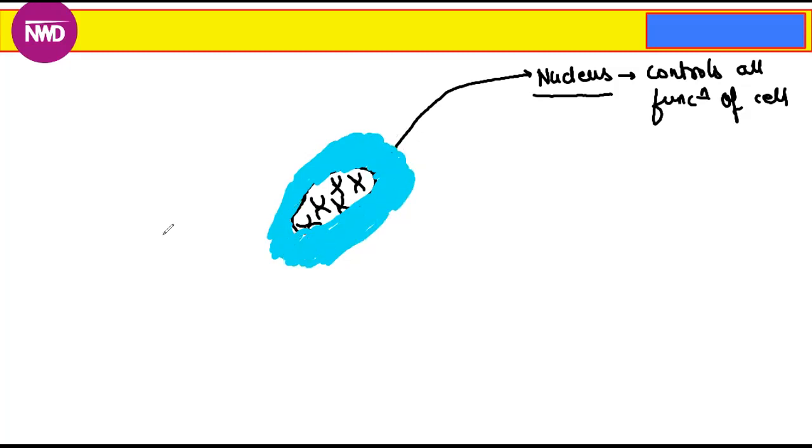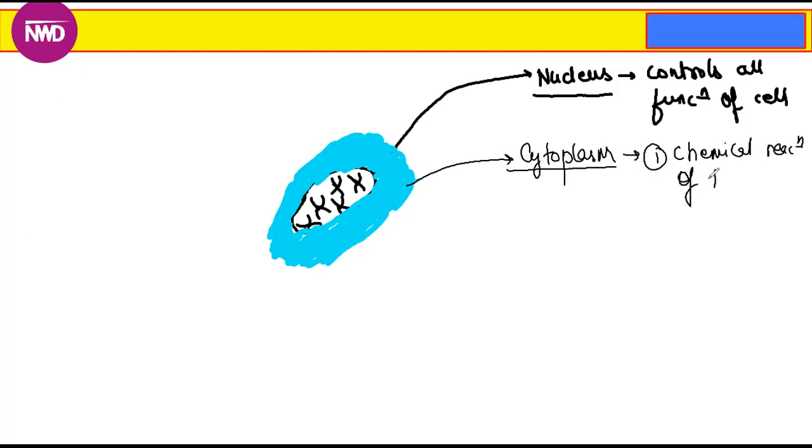Let me change the color. So what is this jelly-like thing? This is cytoplasm. It has two functions basically. Here all the chemical reactions of the cell take place. And moreover, its consistency is a jelly-like stuff.